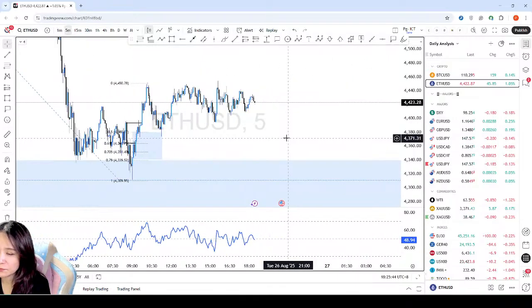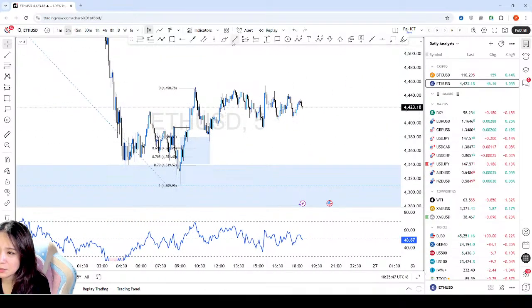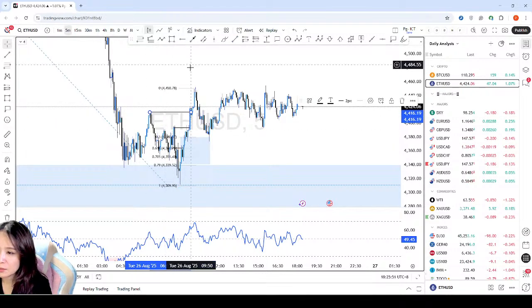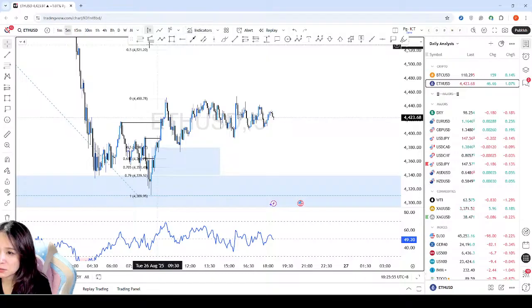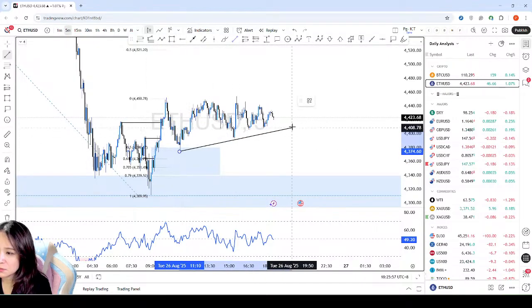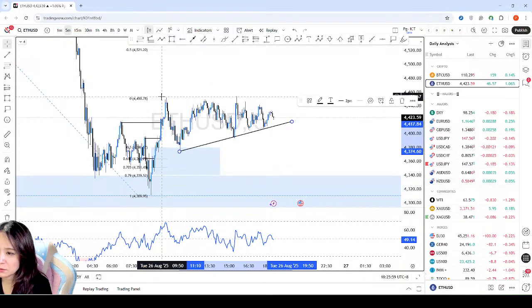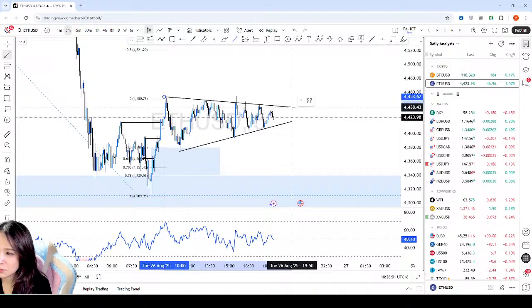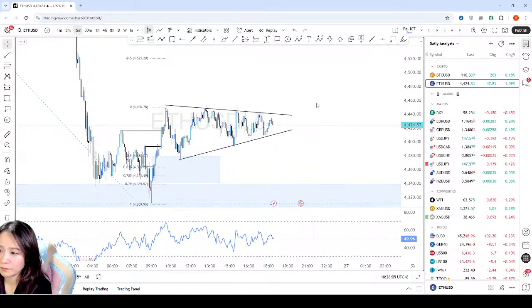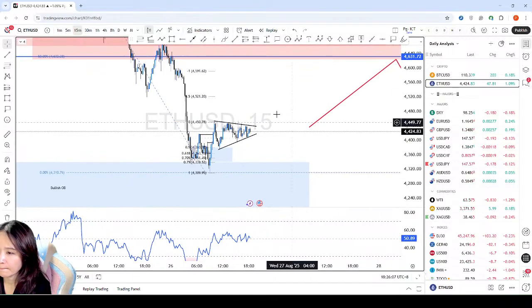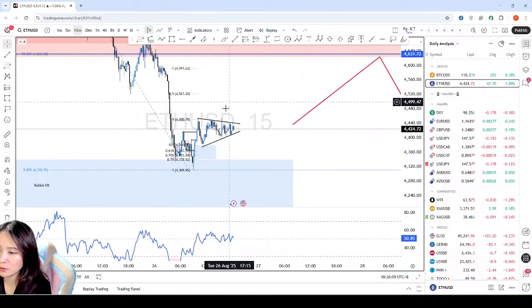Okay, now price is rising, it also broke above this high, right, and fell to the zone here, and now it's ranging in M5. It might make a triangle right now. I would say it's kind of a triangle. Okay, within an M15 triangle.